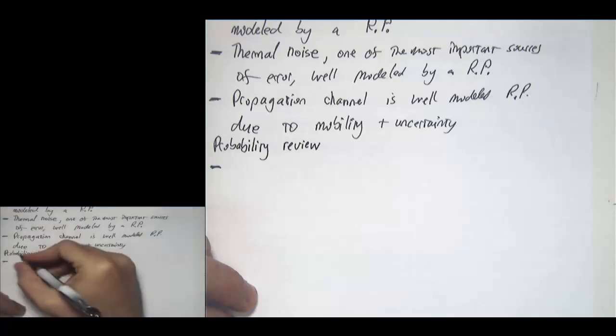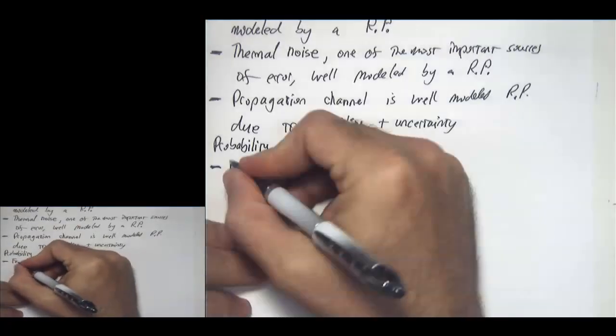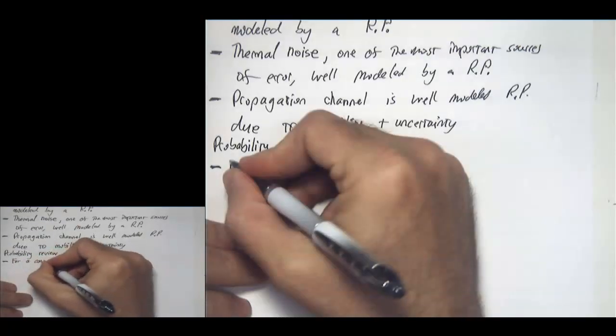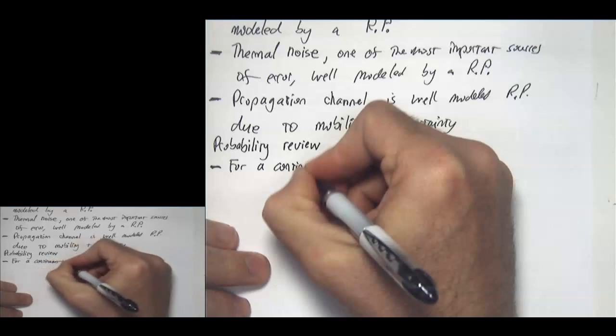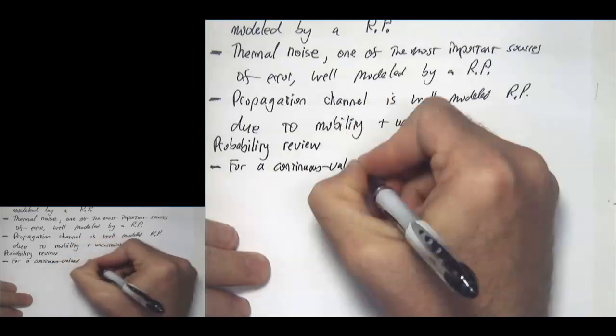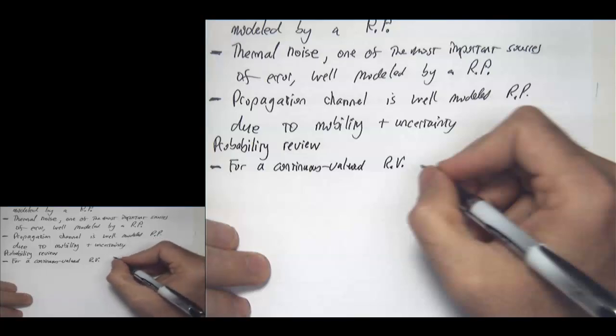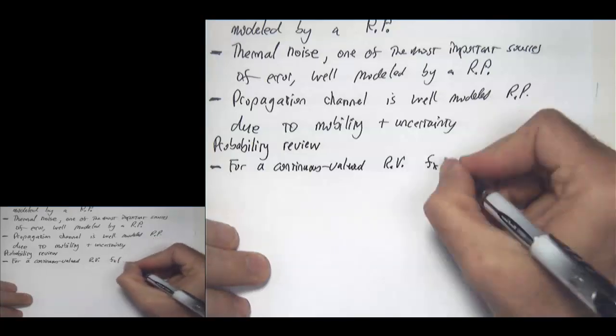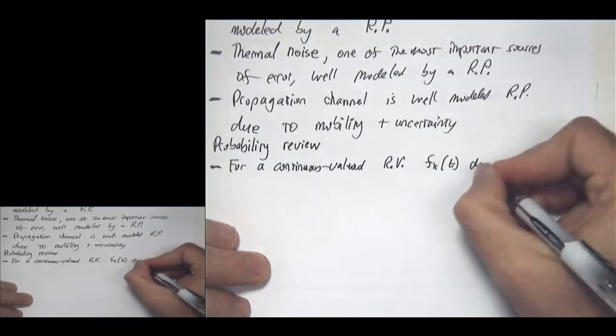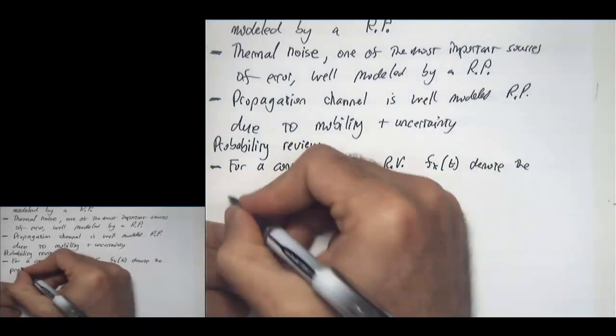And so for a continuous valued random variable, and this RV is random variable, I'm going to let f of x of t denote the probability distribution function.